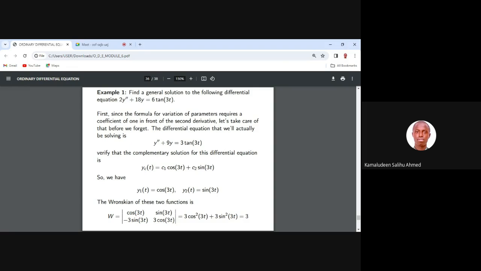Then taking the determinant, you have cos 3t times 3 cos 3t, which is 3 cos² 3t. Then the other side, you have negative, but because of the negative here, it will change this to positive. So you have 3 sin 3t multiplied by sin 3t, which is 3 sin² 3t.